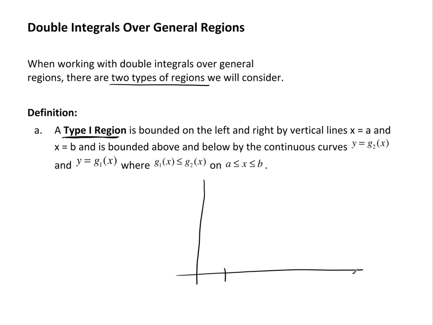On the x-axis here, I'm going to have a to b, and above it I'm going to have this curve, which I'm going to call g2, and below it, say g1.